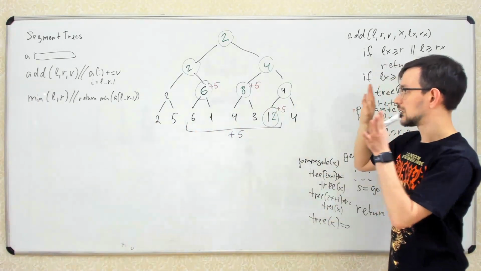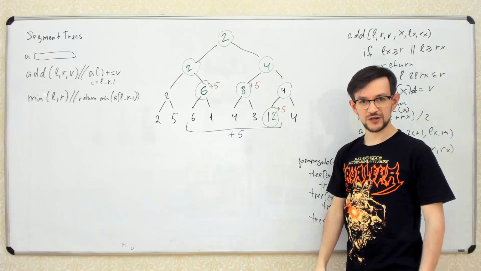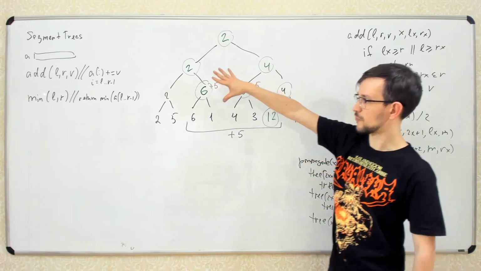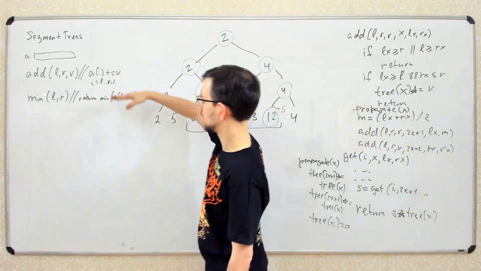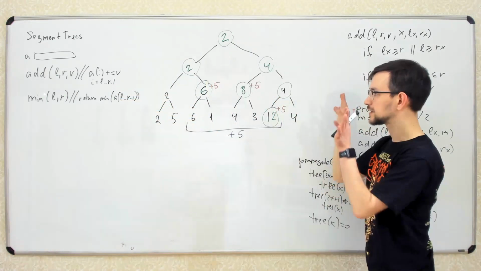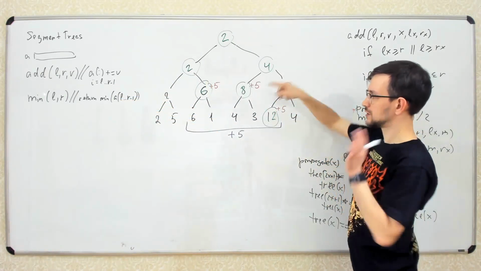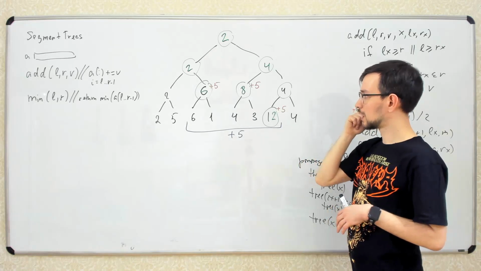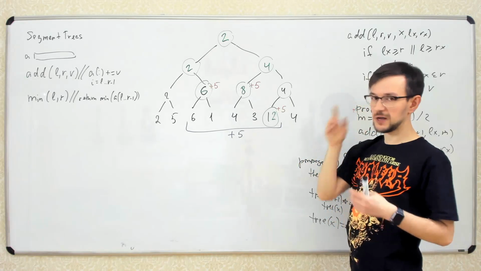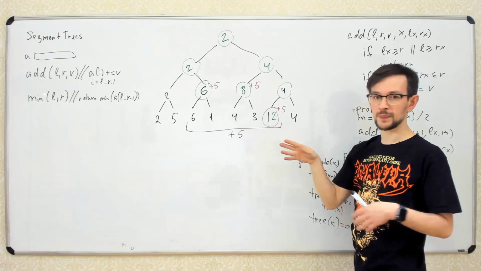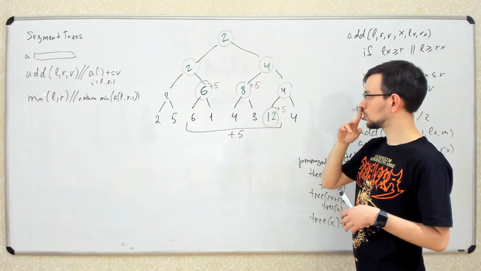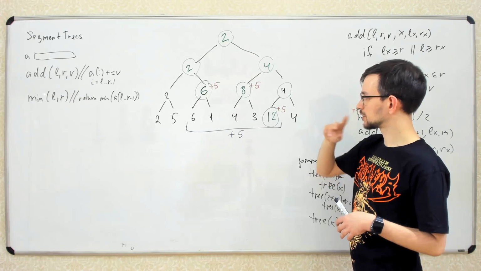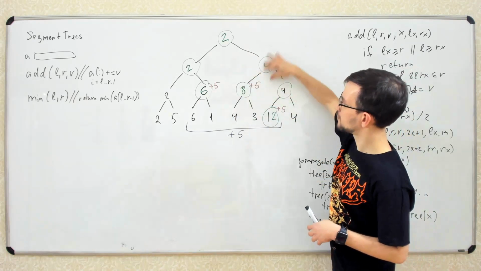Let's see. So this is the segment tree for these two operations: add to the segment and find the minimum. Let's see what's going on here. So what are these minimums for? These minimums are the minimums on this segment which don't take into consideration all the operations above this segment.